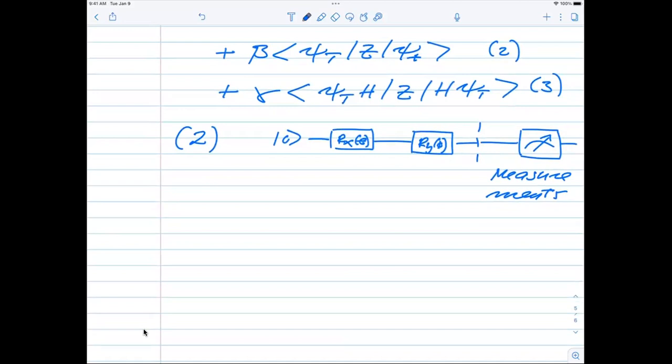Then for part 3 here, what we need is a similar operation to the one we had previously, but now we need to set up a circuit where we calculate Rx, and I'm just skipping the angle here, and Ry.